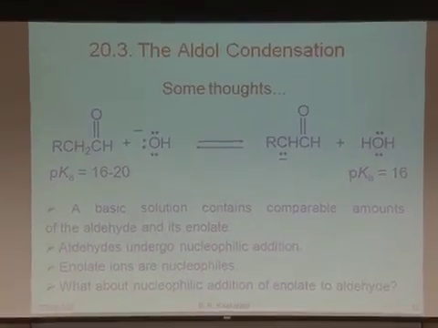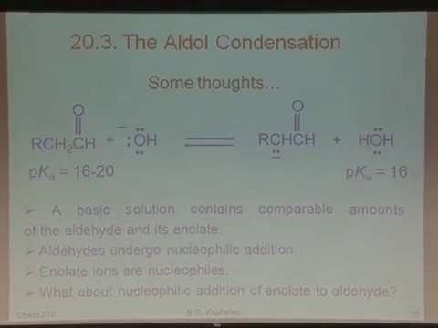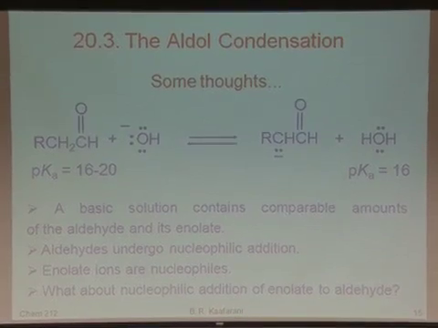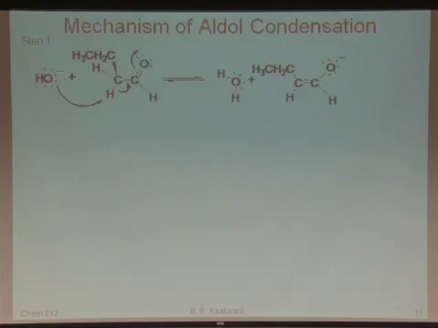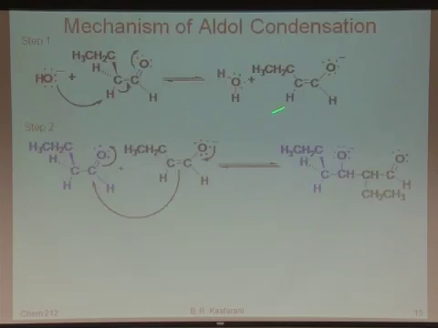So the basic solution, to recapitulate, will have comparable amounts of the aldehydes and its enolate. The aldehydes will undergo nucleophilic additions, where the enolates are going to be our nucleophiles. So the first step is the formation of enolate. I'm forming the more stable enolate.